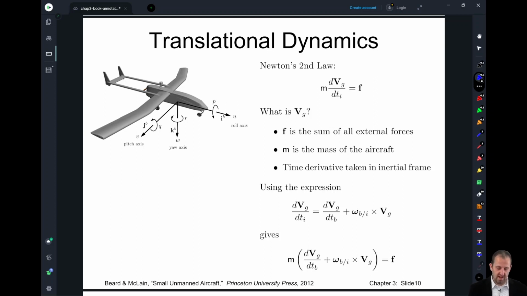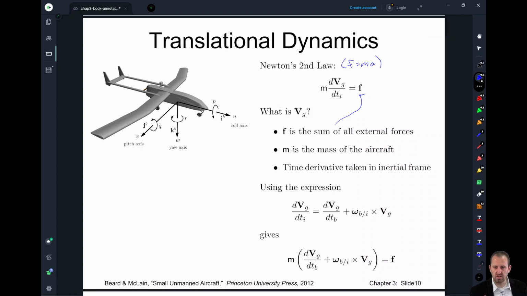Newton's second law of motion. We're all familiar with F equals ma. It's really simple for scalars, and it's not too difficult for three dimensions as well. F is equal to mass times acceleration. Here F is the sum of all external forces.